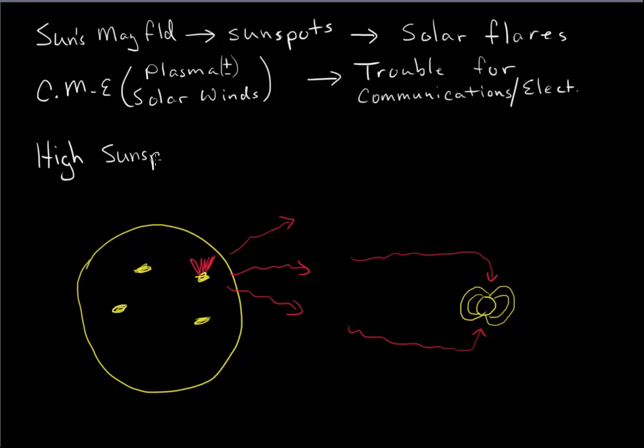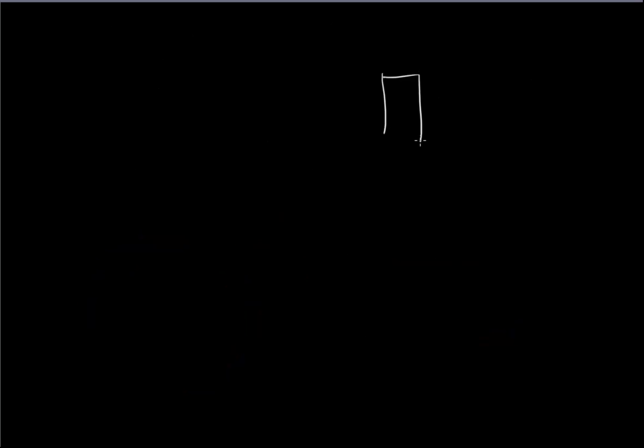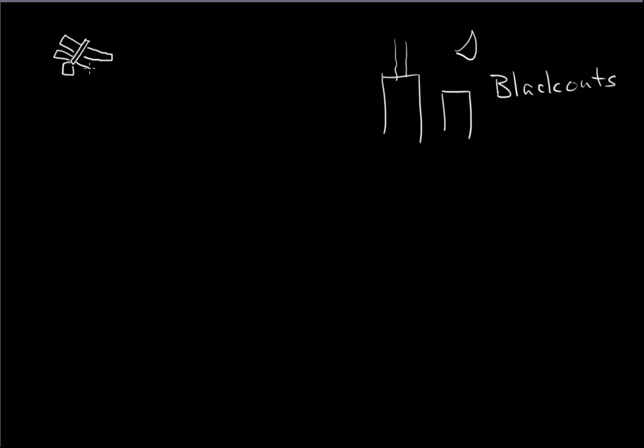And the sun goes through these periods of high solar activity or high sunspot activity, and it happens every 11 years. This is when we are in the most danger of solar activity. Some of the problems that high solar activity can cause include blackouts. It will also interfere with our satellites, and everything we do seems to be based around satellite activity nowadays.